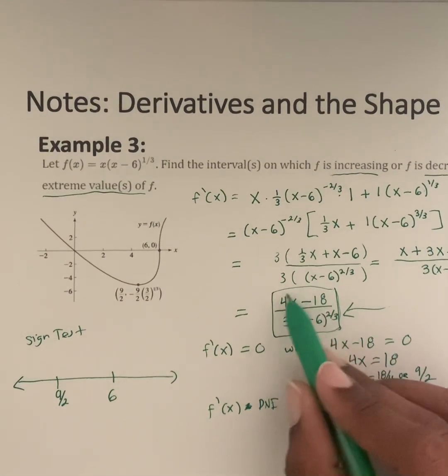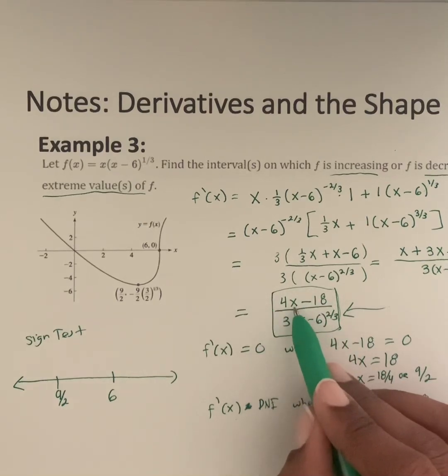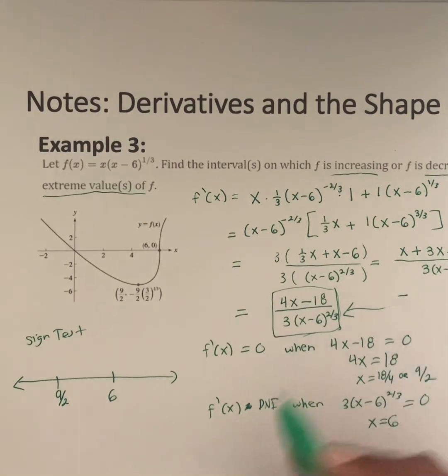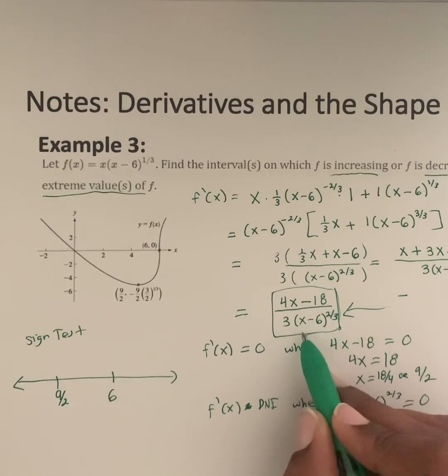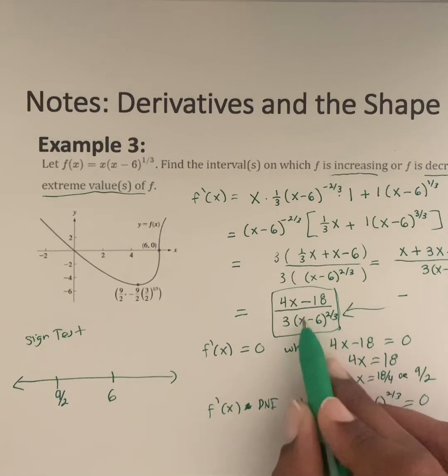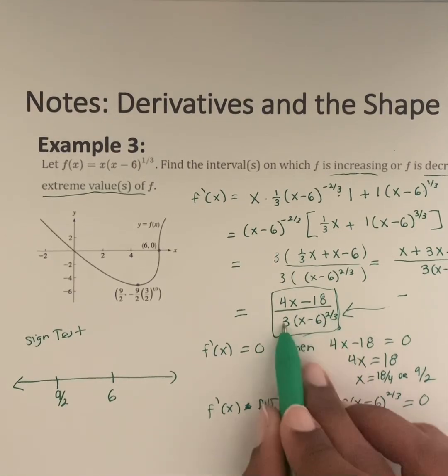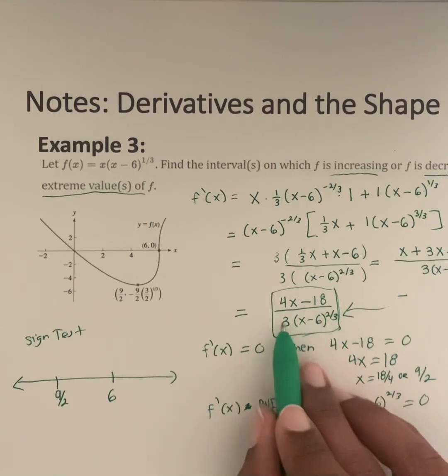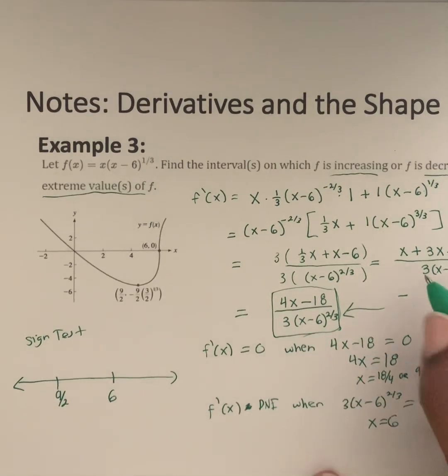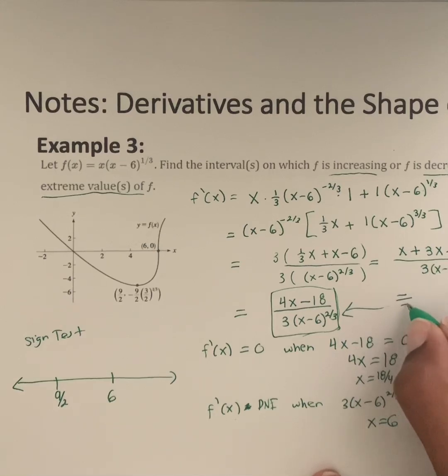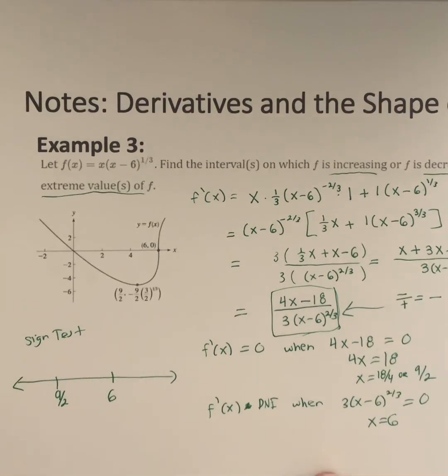If I put a 0 in on the top, I get 4 times 0 minus 18, which is a negative. If I plug in 0 on the bottom, I get 0 minus 6, which is a negative 6, but because of this power of 2, it becomes positive. This power of 2 will actually make any number come out positive, except for 6, of course. So a negative divided by a positive is a negative.